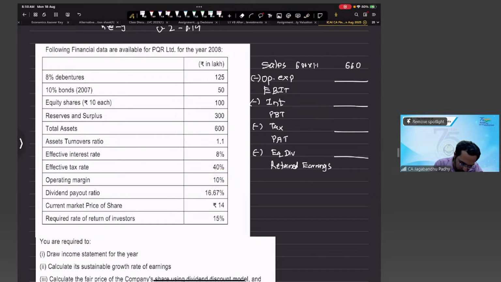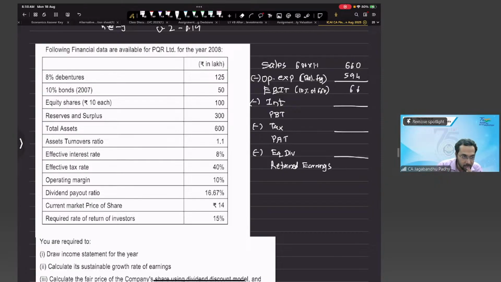Now, if your operating margin is 10%, 10% of 660 is 66. Operating expense will be the balancing figure: 660 minus 66, which is 594.